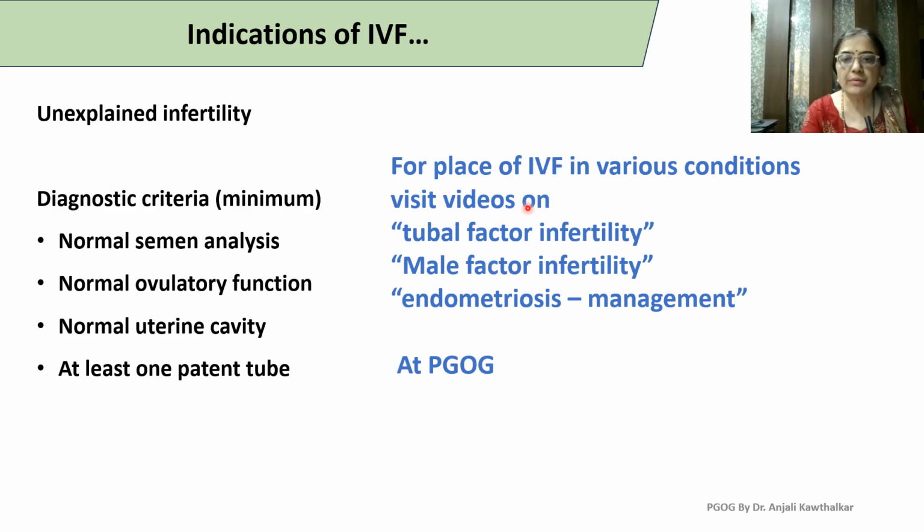For the place of IVF in these conditions, it is requested that the viewer should visit the videos on these topics at PGOG so that it becomes clear in which case of endometriosis IVF is indicated, in which situation of male factor infertility we proceed with the decision for IVF, and what are the cases with tubal factor infertility where IVF is necessary. For clarity, it is requested that the viewer should visit these videos.